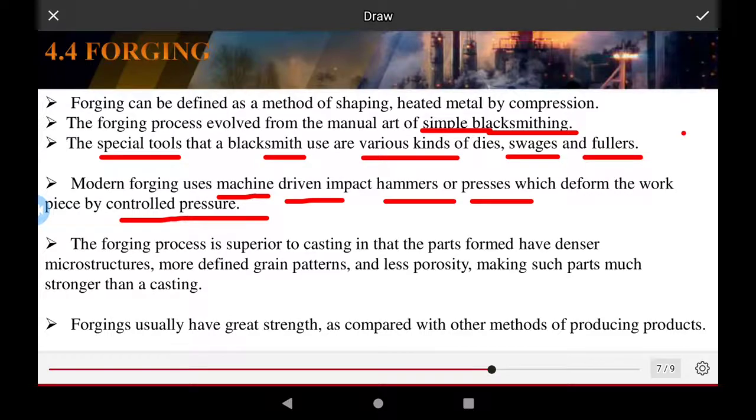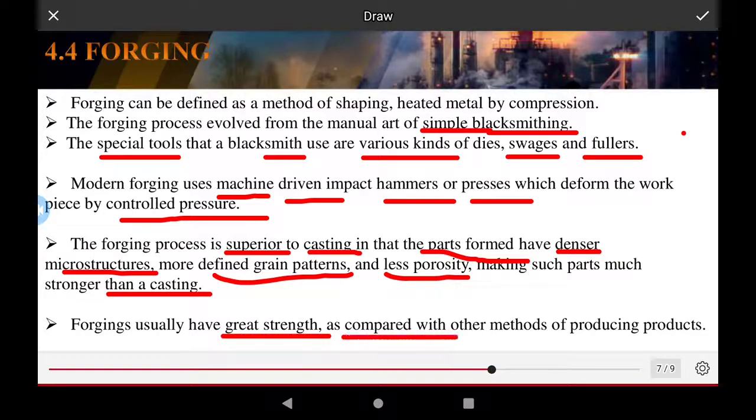The forging process is superior to casting in that the part has a more refined microstructure, more defined grain patterns, and less porosity, making the part stronger than a casting. Forging usually gives greater strength compared with other methods of producing products.